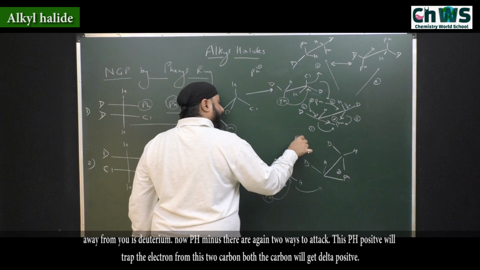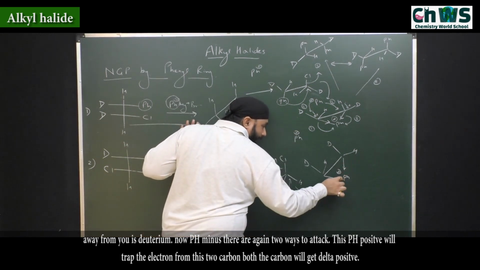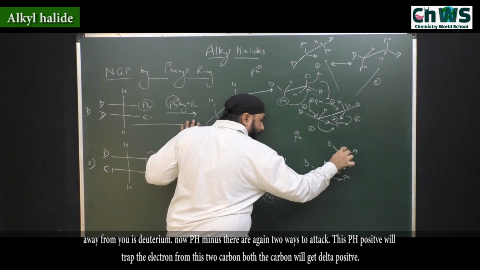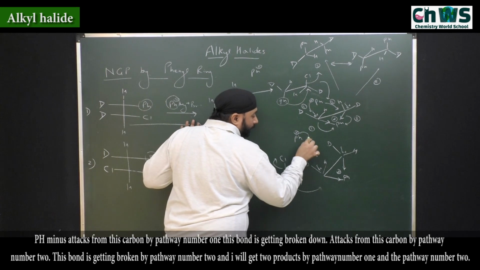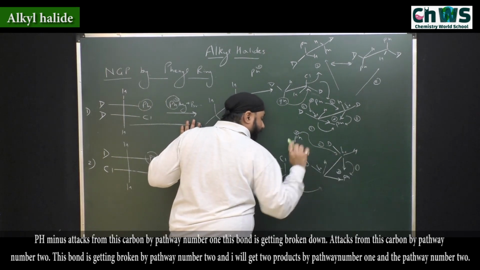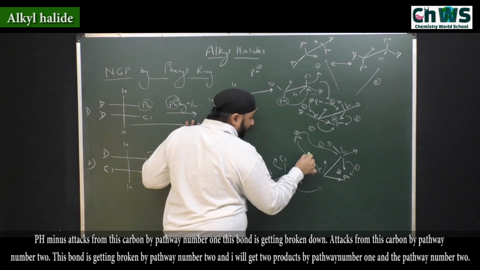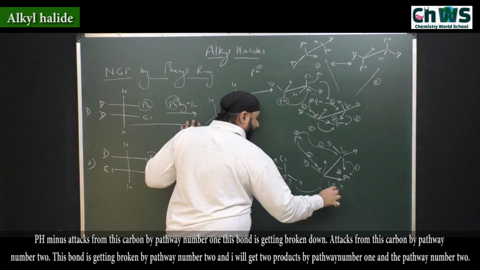Now Ph minus has again two ways to attack. This Ph positive will attract the electron from these two carbons, both the carbons will get delta positive. Ph minus attacks on this carbon by pathway number 1. This bond is getting broken down by pathway number 1. Attacks on this carbon by pathway number 2. This bond is getting broken down by pathway number 2.